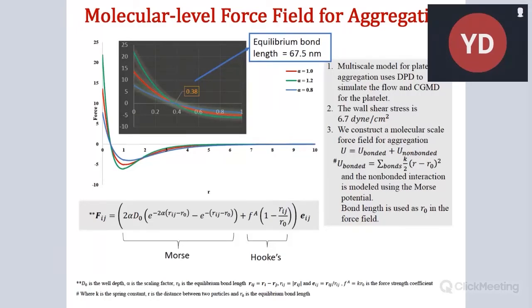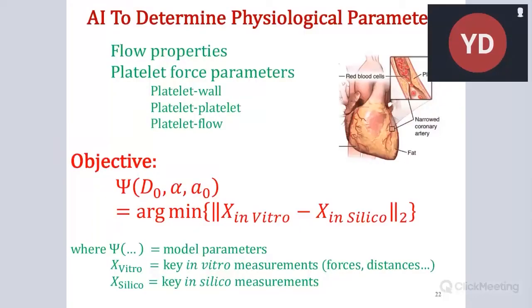I believe this is one of the major calculation problems. And the way to do that basically is an optimization problem here. And you need to get the argument of the in silico. This in silico is a calculation, and the in virtual is our wet lab, if you may. And we use an L2 norm.